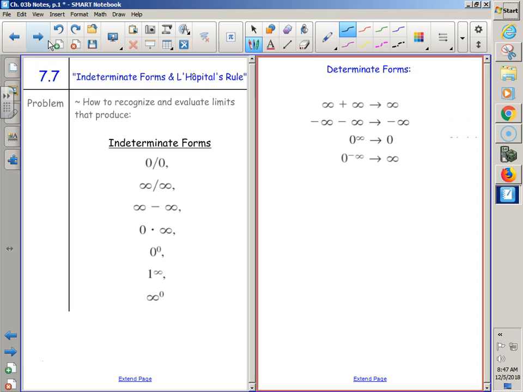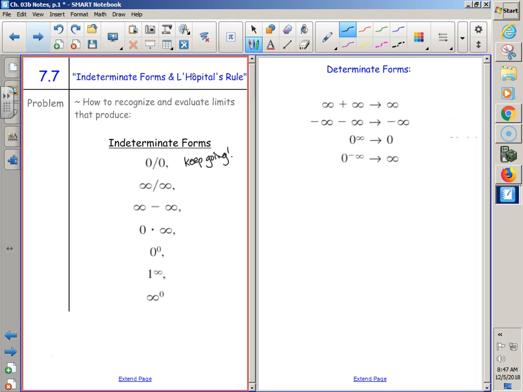And didn't we have to do some sort of algebra to keep going? Do you remember what some of that algebra was? Multiplying by a conjugate for square root, simplifying complex fractions by multiplying top and bottom by whatever the stuck denominators were, foiling everything out and combining like terms and factoring and reducing. 0 over 0, there's a hole, and we need to reduce out the shared discontinuity.